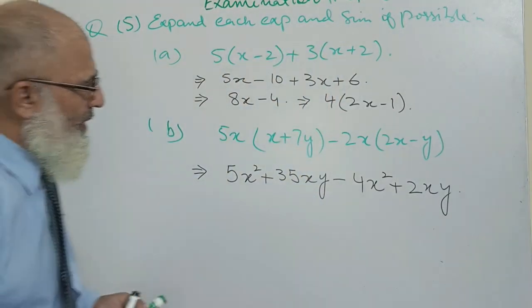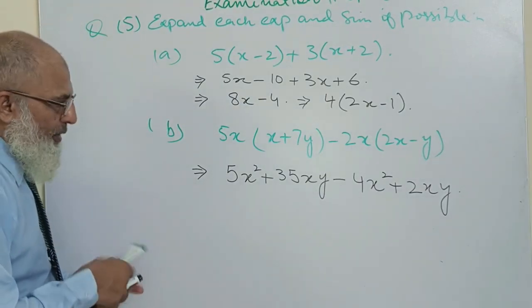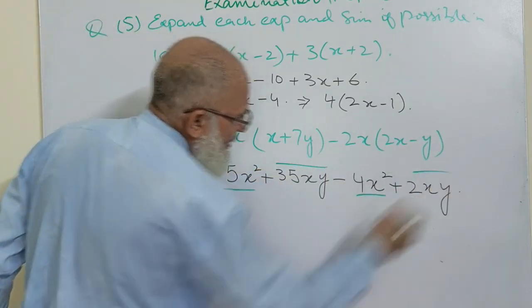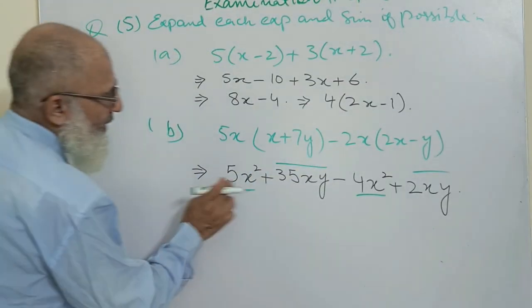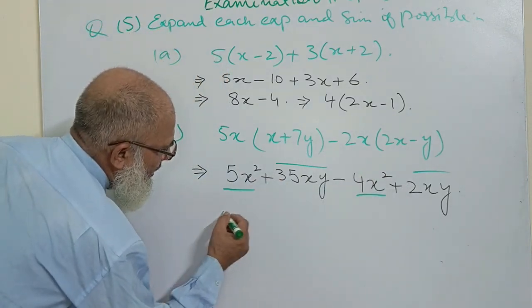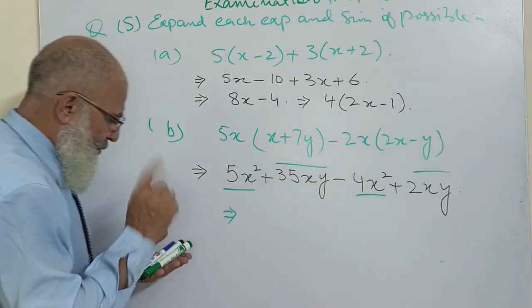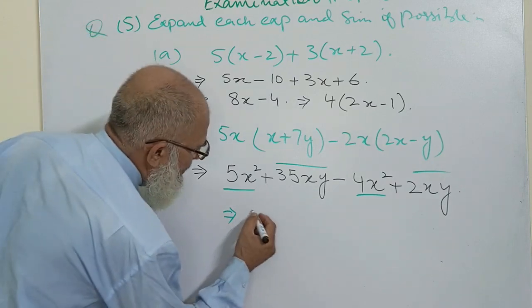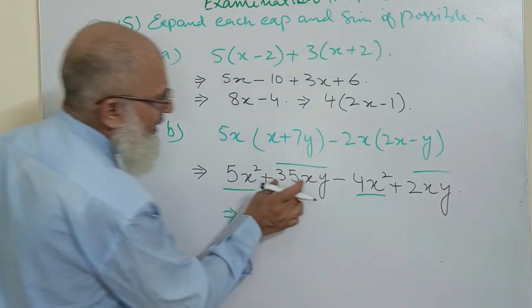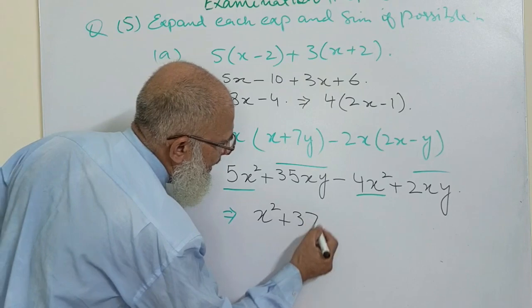You see if it can be further solved. Yes, it can be further solved: 5x squared minus 4x squared. 5 minus 4 is 1, and we don't write 1, we simply write x squared. 35 plus 2 will become 37xy.